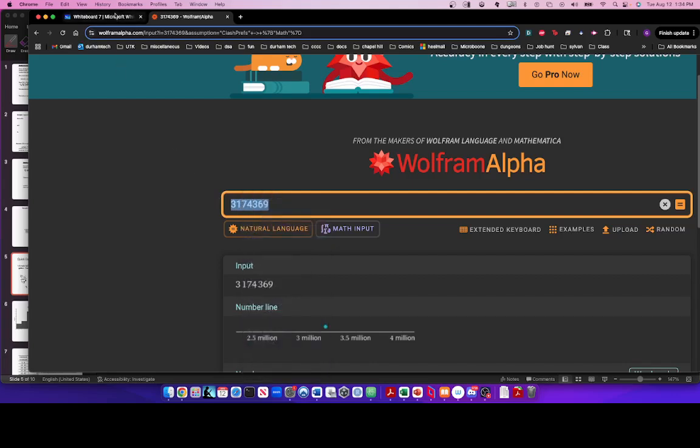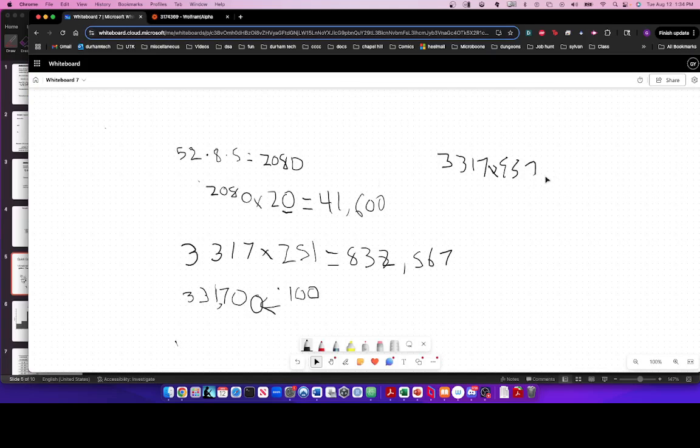Can I just copy that? Save myself some time. Yep. But we get a 1, 2, 3, 4, 5, 6, 7. So this technique gives us how many digits we expect. If we multiply a 4-digit number times a 3-digit number, we expect either a 6-digit number or a 7-digit number.